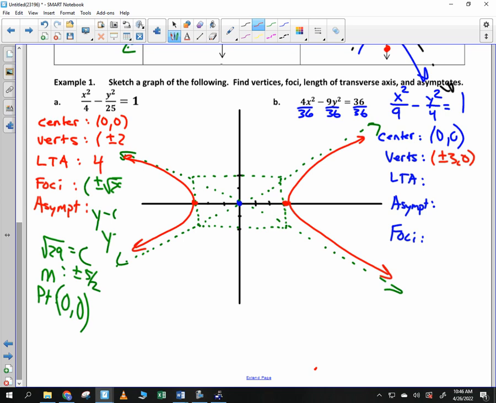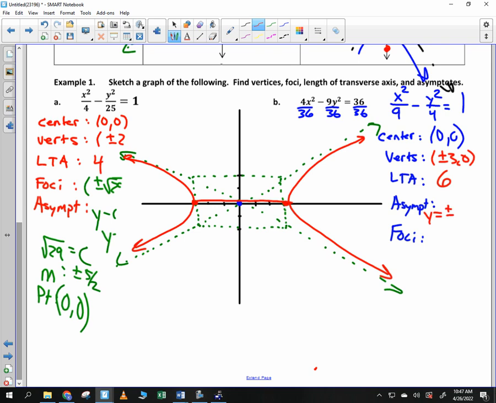Length of the transverse axis is the distance between the two. It is 6 units. For the asymptote, it goes through 0, 0, so it should just be y is equal to plus or minus.